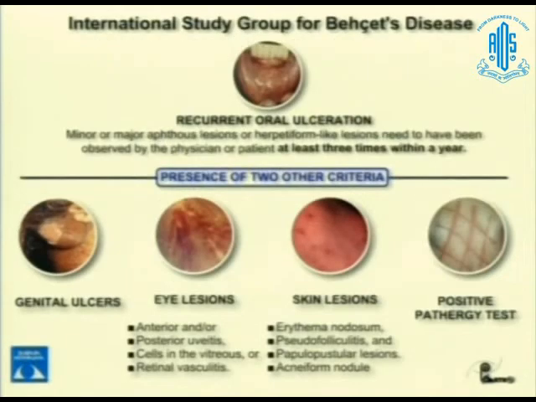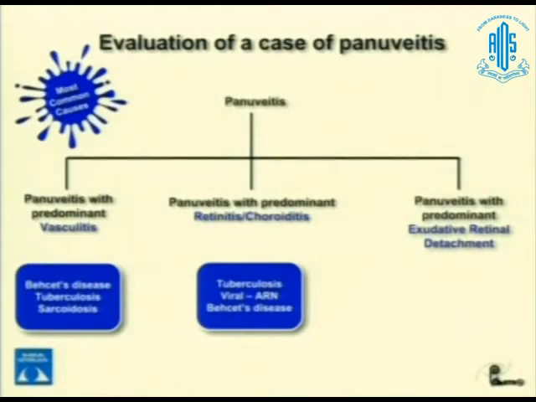So you should know, for theory purposes, the International Study Group classification for Behçet disease, where they have clearly defined the diagnostic criteria: recurrent oral ulceration and the presence of two other criteria like genital ulcer, eye lesions, skin lesions, and positive pathergy test have to be there to diagnose a case of Behçet disease.